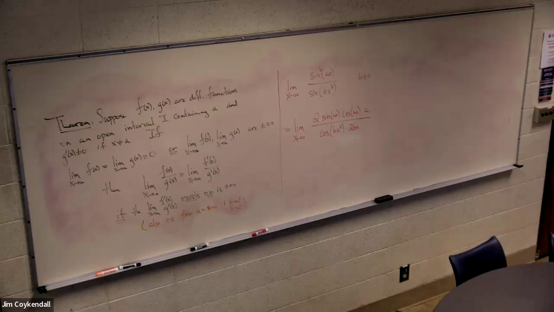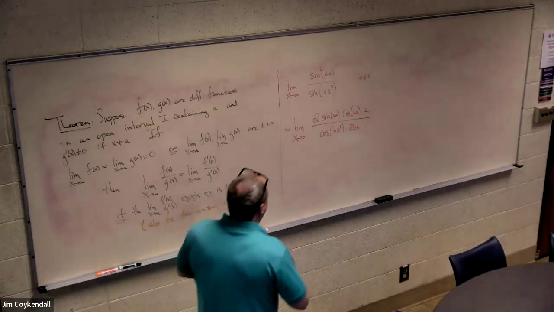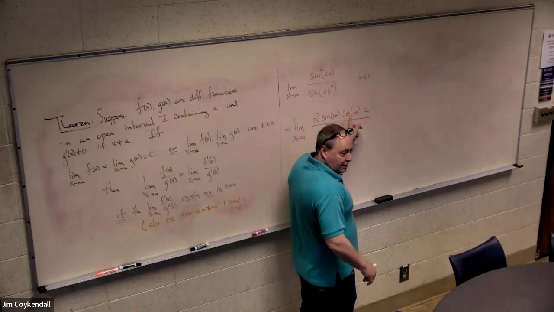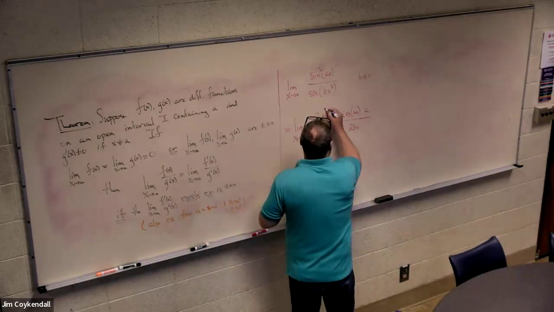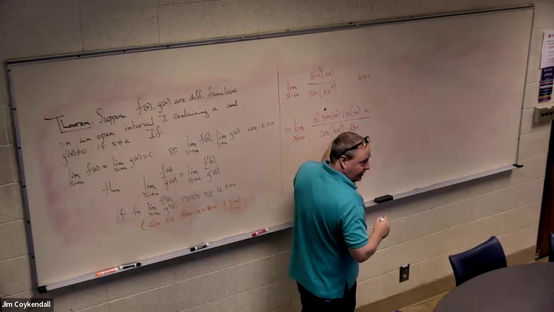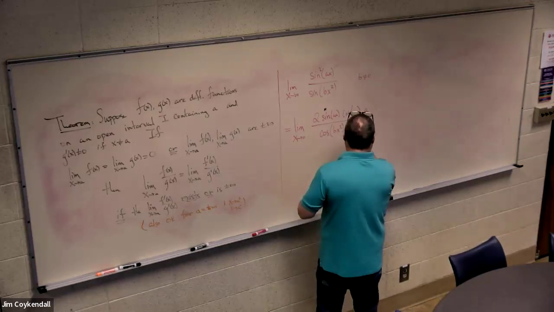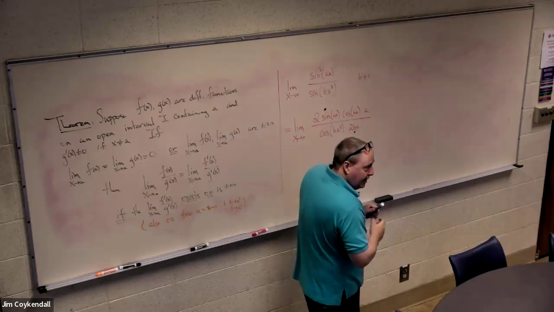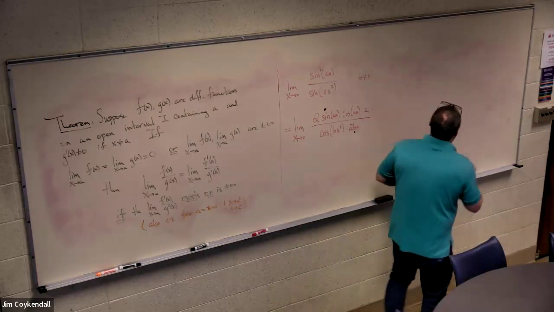Well, basically, what's causing the 0 over 0? It isn't the cosine, it's this thing. And on the bottom, it isn't the cosine, it's this.